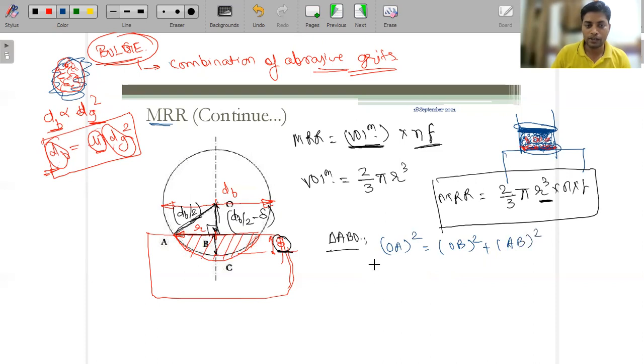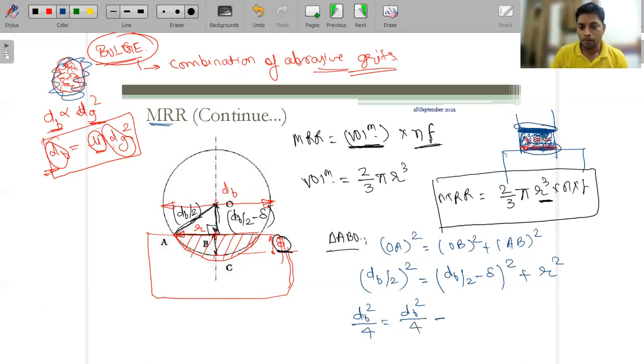So OA square, which is dB by 2 whole square, equals OB square, that is dB by 2 minus delta whole square, plus AB square, that is R square. So this is dB square by 4 equals dB square by 4, and opening the bracket, plus delta square minus 2 into dB by 2 into delta, plus R square. Okay, so dB square by 4 is eliminated from both sides.